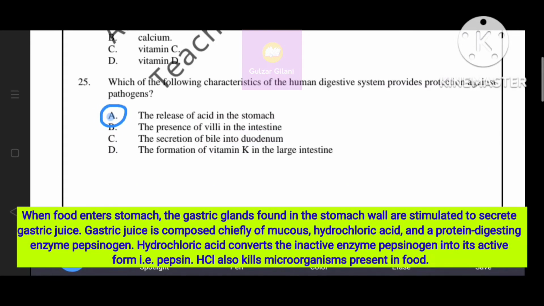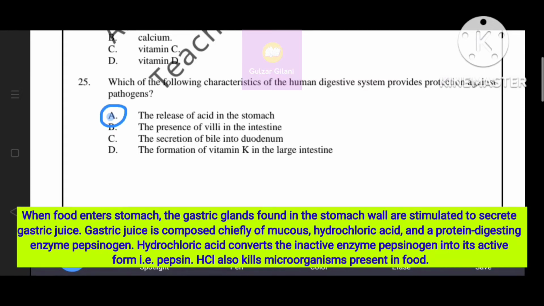As you know, when food enters stomach, the gastric glands found in the stomach wall are stimulated to secrete gastric juice. Gastric juice is composed chiefly of mucus, hydrochloric acid, and a protein digesting enzyme pepsinogen.